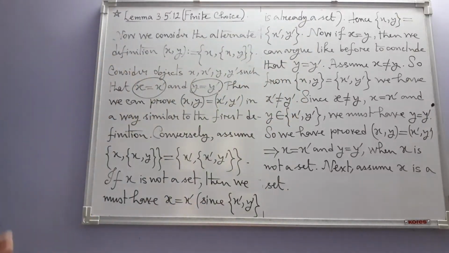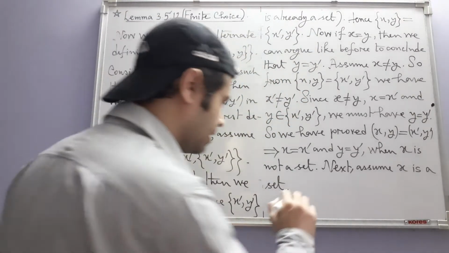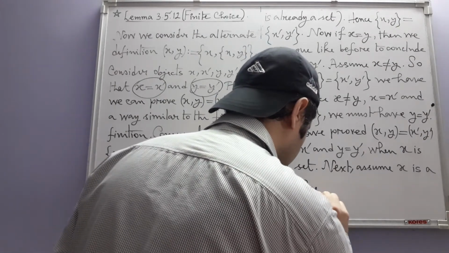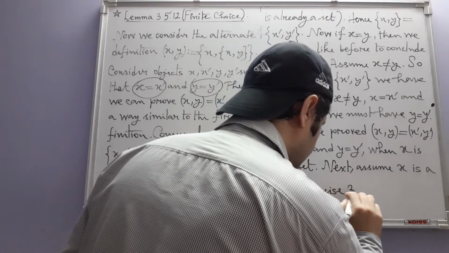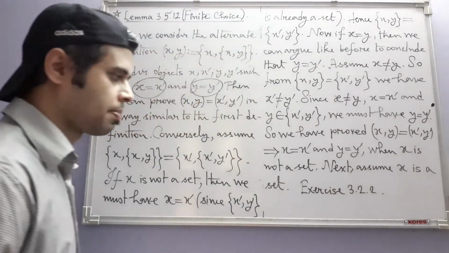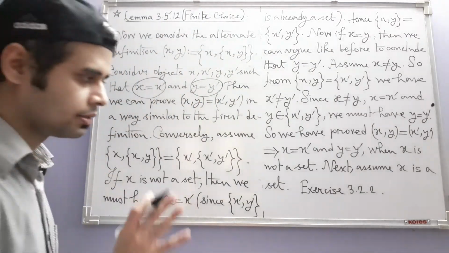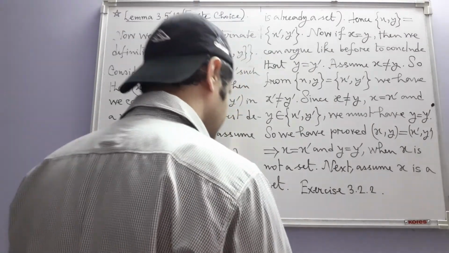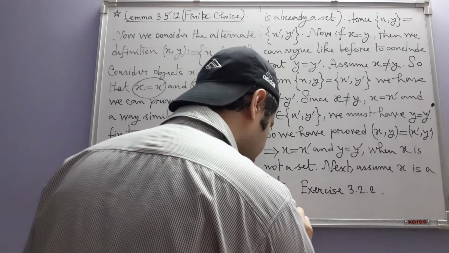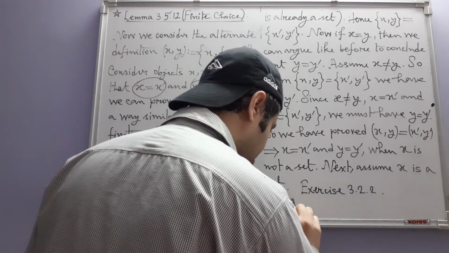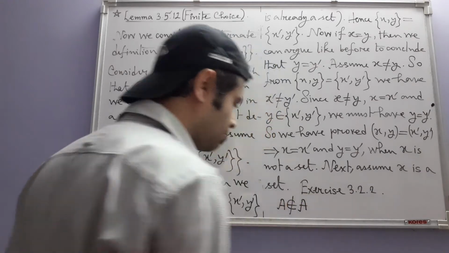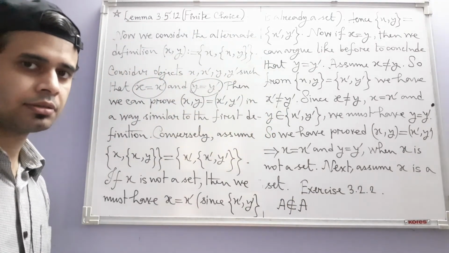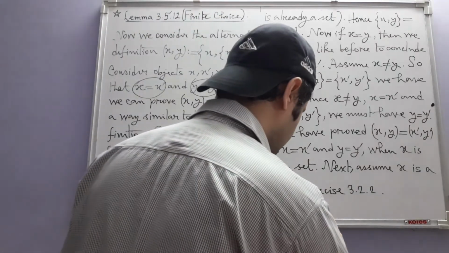Okay, so now if x is a set, let us recall exercise 3.2.2. The statement of this exercise was like this: if A is a set, then we first showed that A does not belong to A. That was one part of the exercise.